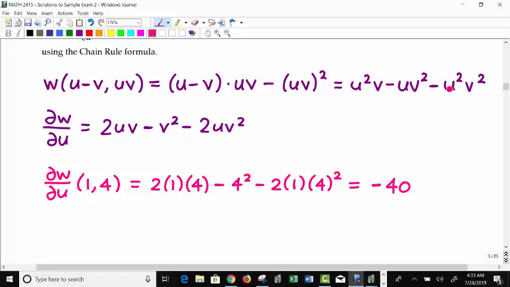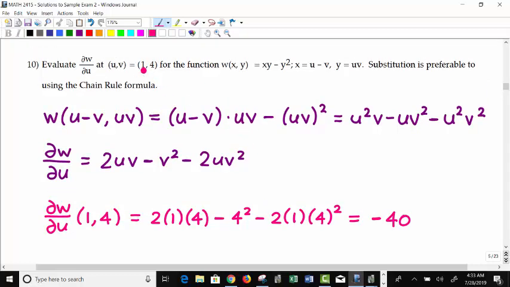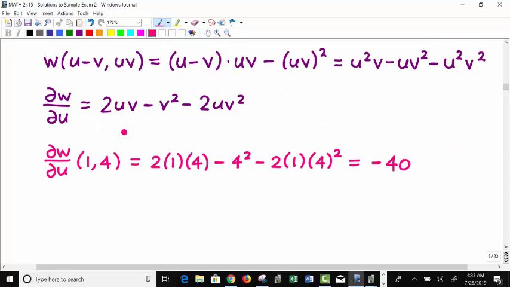And then the last one, the derivative of u squared would be 2u, so it's minus 2uv squared. So now you put in 1 for u, 4 for v. So here we have 2 times 1 times 4, minus 4 squared, minus 2 times 1 times 4 squared. I believe that'll be negative 40.